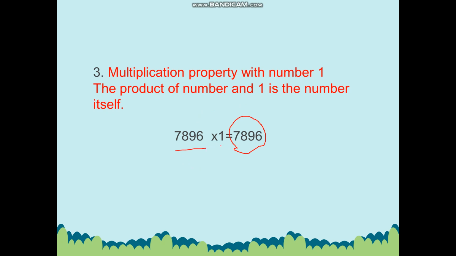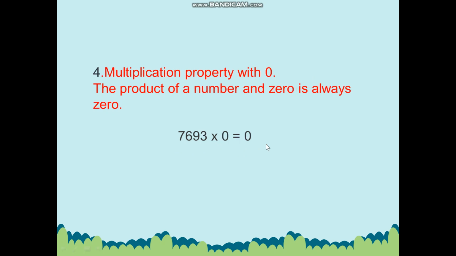The fourth property of multiplication says that whenever a number is multiplied by 0, the product is always 0. It doesn't matter if the number is small or bigger. If you multiply it with 0, the product will be 0.